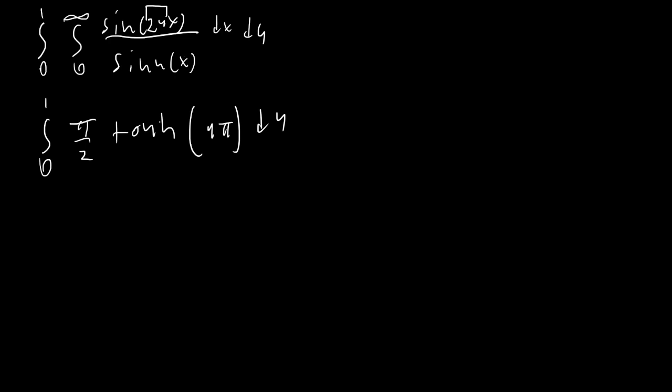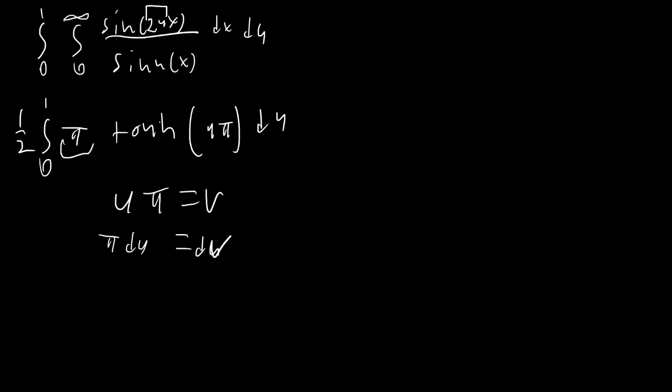Then I'm going to bring the 1/2 to the outside, and I'm going to leave the pi inside. And the reason for that is we're going to substitute u pi equals v. And that means that pi du equals dv, and we have pi du right here. So I'll end up with 1/2 the integral from 0 to pi of tanh of v dv.